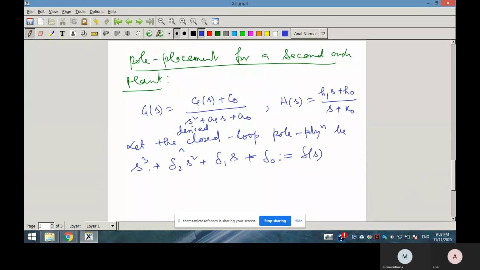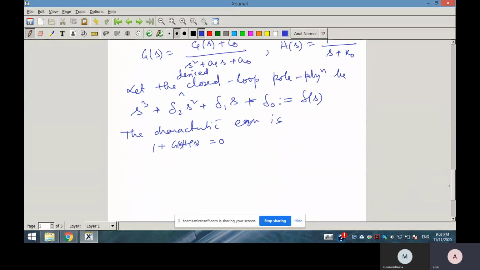Now what is the closed loop characteristic equation for this plant controller pair? The characteristic equation is 1 plus G(s)H(s) equal to 0.